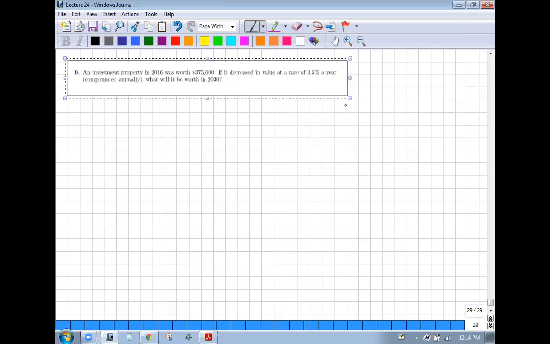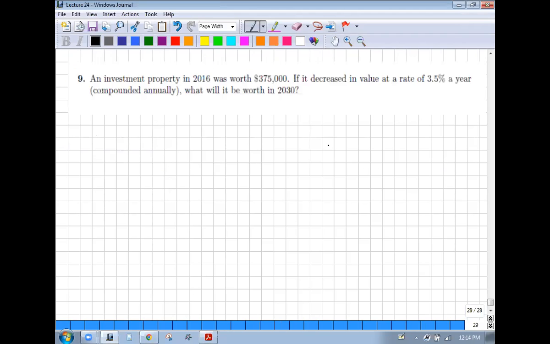All right, an investment property in 2016 was worth 375,000 bucks. If it decreased in value at a rate of 3.5% a year, compounded annually, meaning n is 1, what will it be worth in 2030?